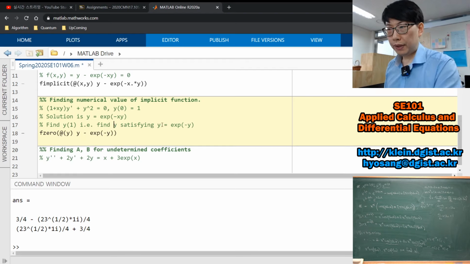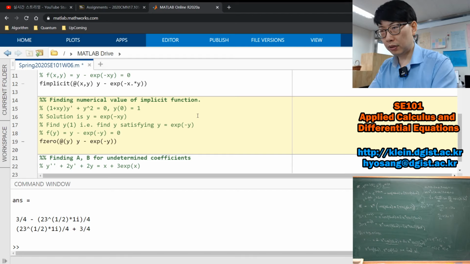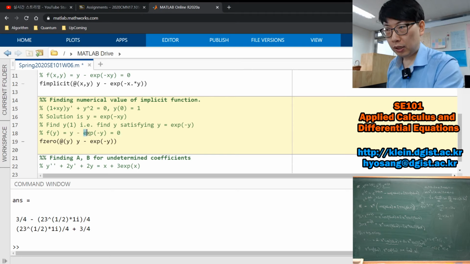Basically, if you want to find this value, you can set your function f(y) equals y minus exponential of minus y, and what you're trying to get is the root of this function f, because that's when y becomes exactly equal to exponential of minus y. So fzero is the command that finds the root of a given function, where y minus exponential of minus y becomes 0.